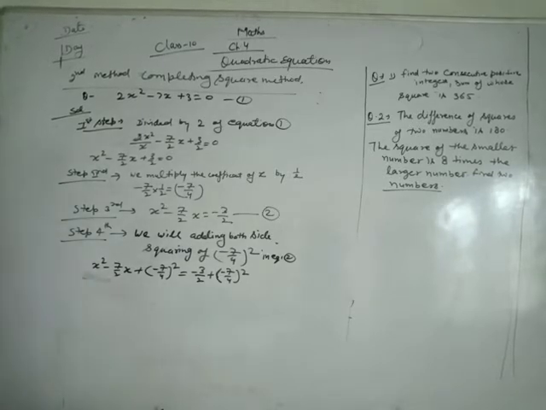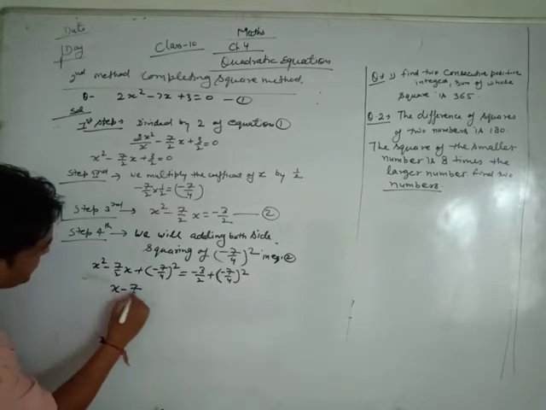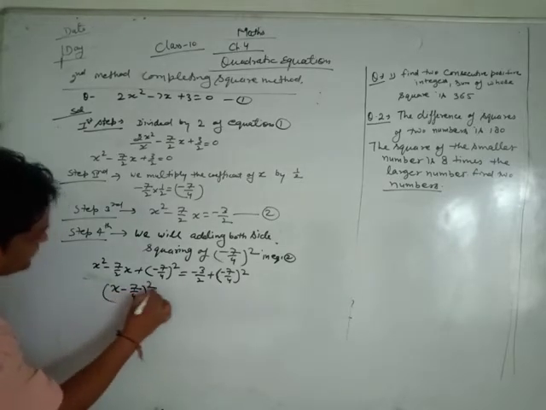Here we write directly x minus 7 by 4 square.